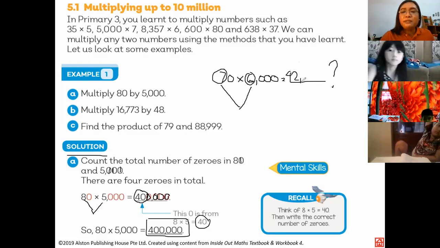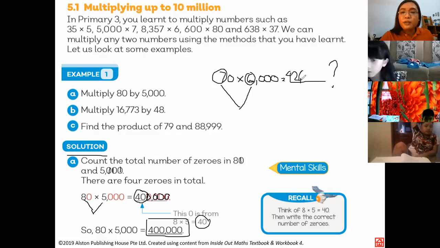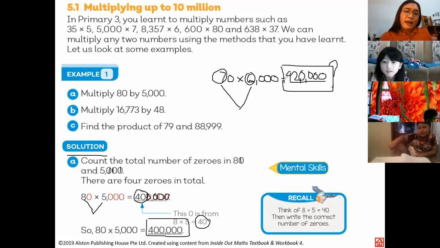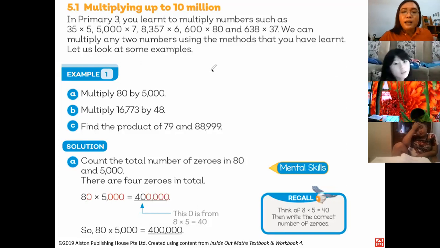And how many zeros? 4. So that's 1, 2, 3, and 4. So the answer is 420,000.